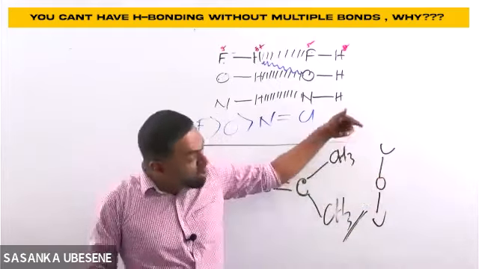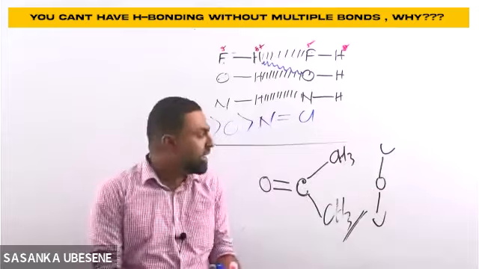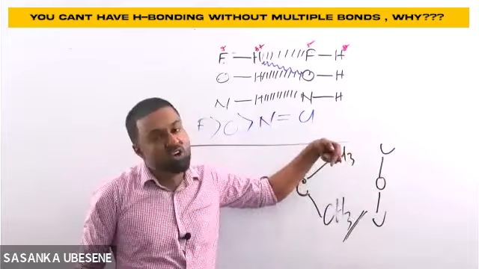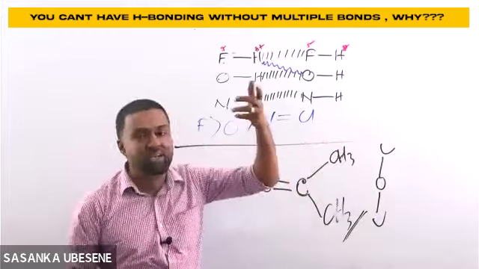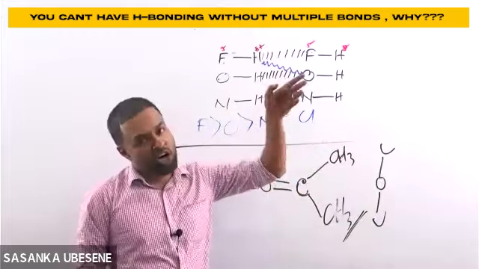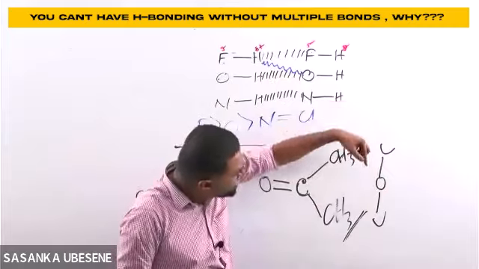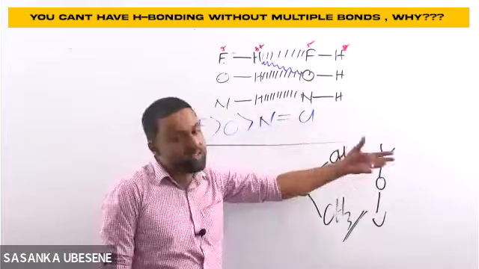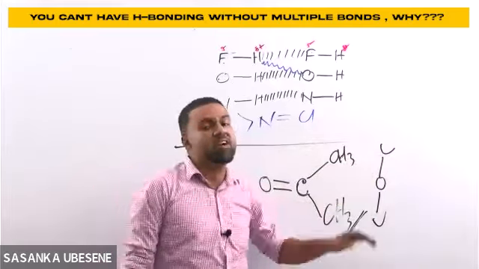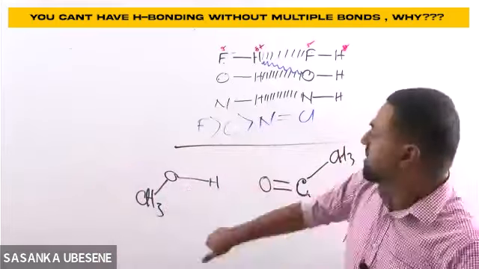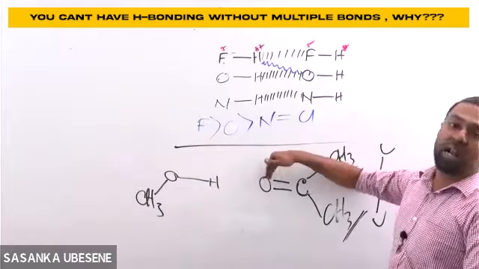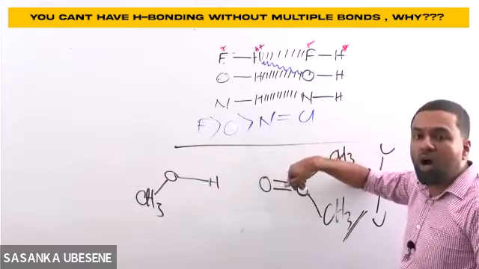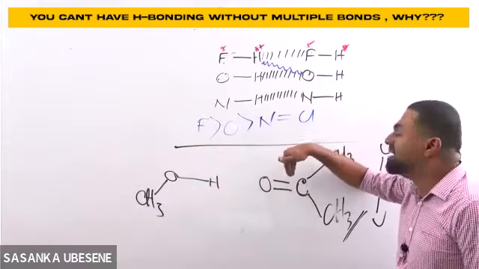If it is single bonded to hydrogen, then it's okay, it can participate in hydrogen bonding. But if oxygen or nitrogen, the most electronegative elements, is single bonded with other atoms, then it cannot participate in hydrogen bonding. Definitely, you need a multiple bonded oxygen atom.